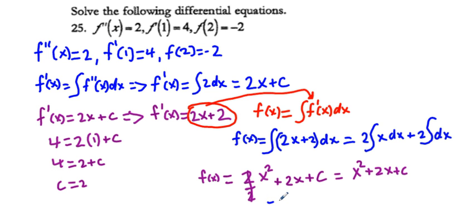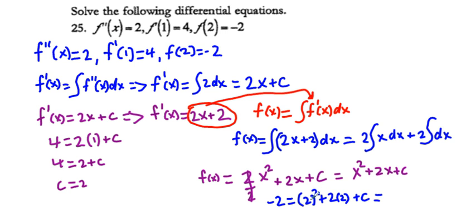So negative 2 is equal to, we substitute every place we see x with 2. So instead of x squared, we'll have 2 squared plus 2 times 2 plus c. I should have put 2 times 2 right here, because that's x squared plus 2x plus c.